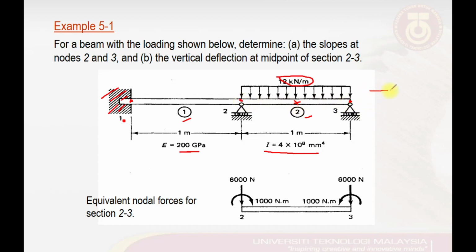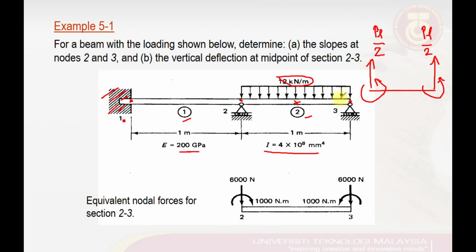So if we remember, this uniform distributed load must be represented by the equivalent nodal force and moment, which if we draw in its positive sign convention, has something like this, where its magnitude is PL over 2 and PL over 2 here as well.